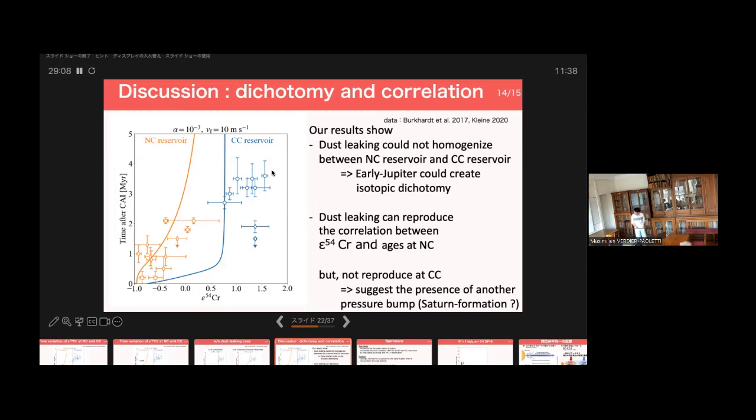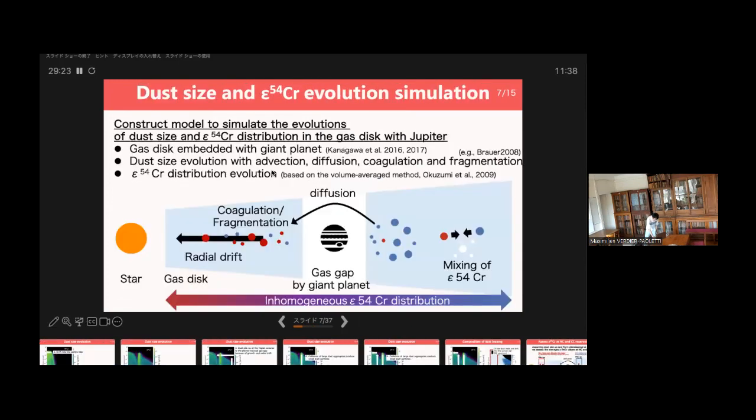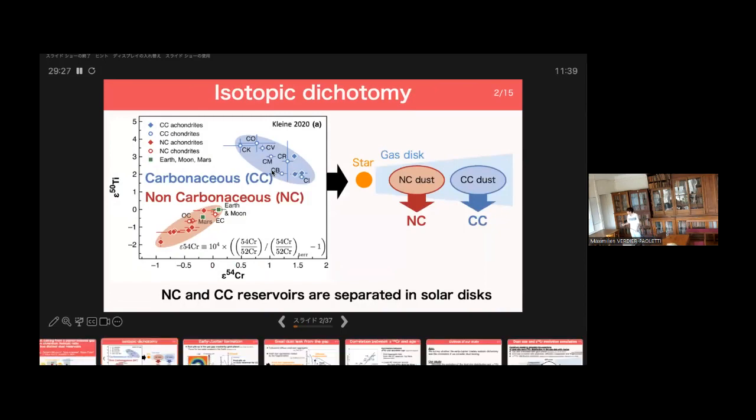But titanium in carbonaceous chondrites is higher than in other ones. So maybe we can create the same picture, but we have to check.